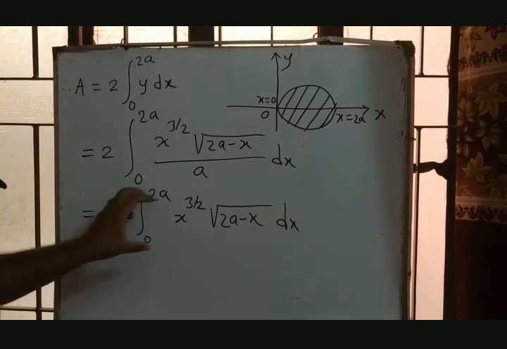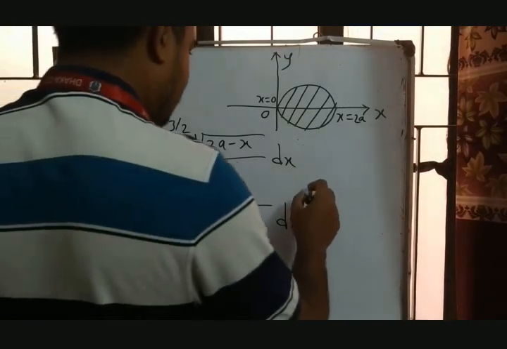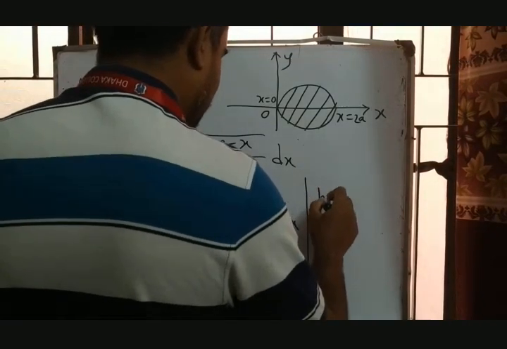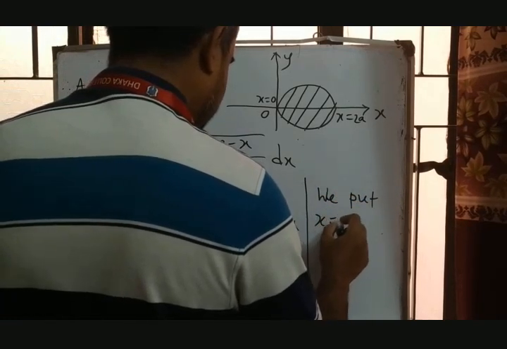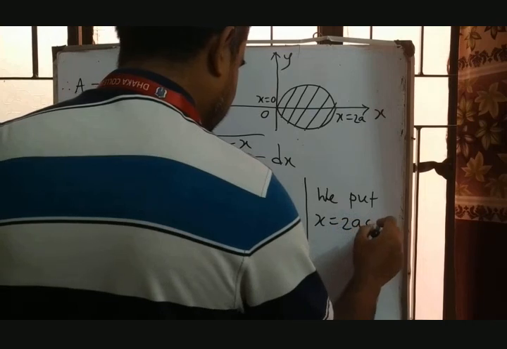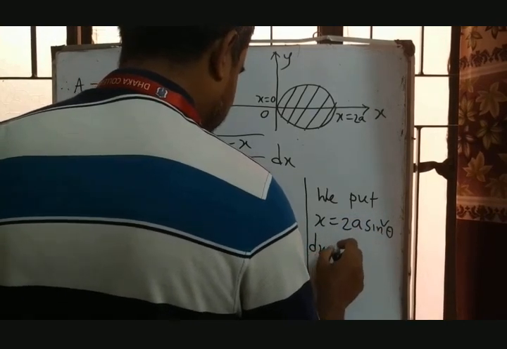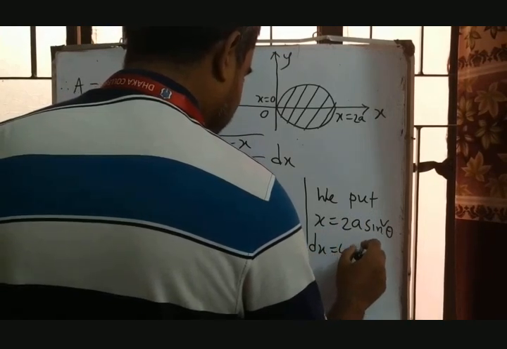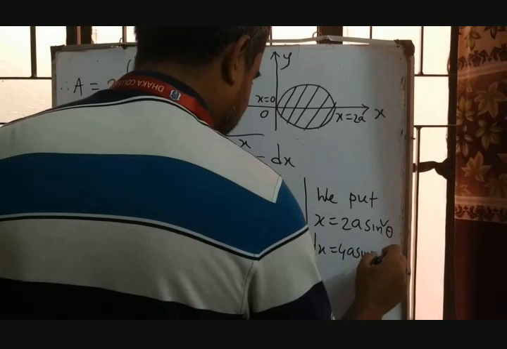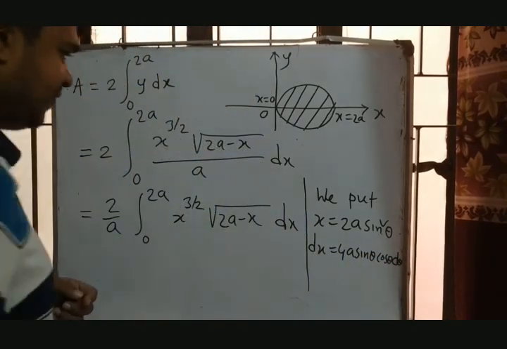Now we have to integrate this. We can use the method of substitution. Now we put x equal to twice a sin square theta. So we get dx is equal to 4a sin theta cos theta d theta.